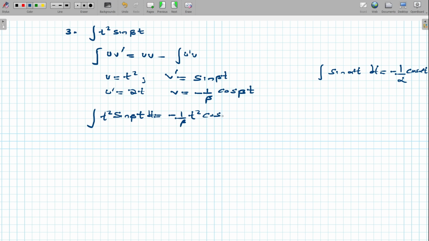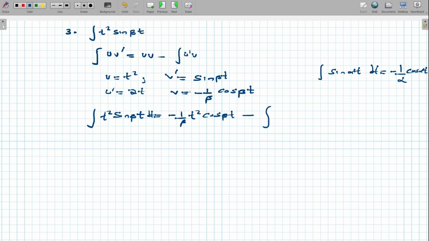and then minus, and then here we're supposed to have the integral of u prime v. Now u prime is 2t, and v is minus 1 divided by beta, and then cosine beta t.